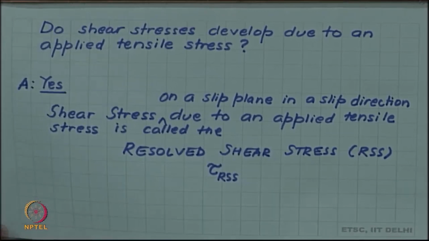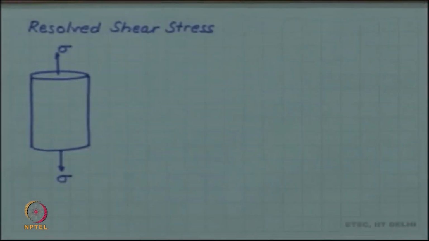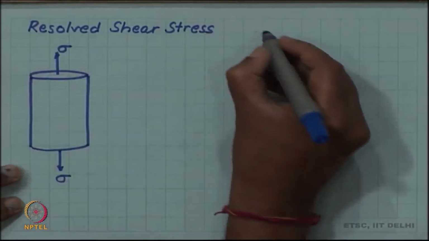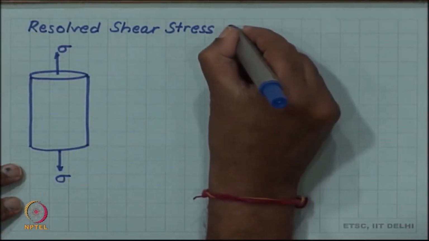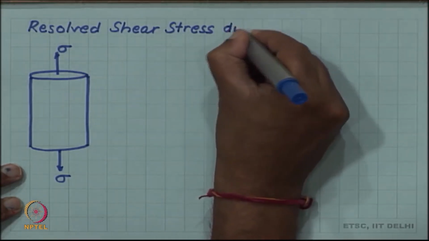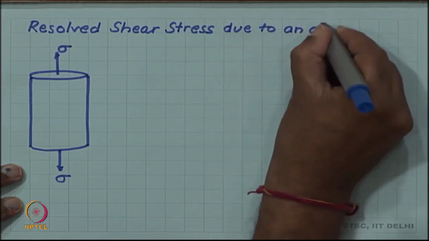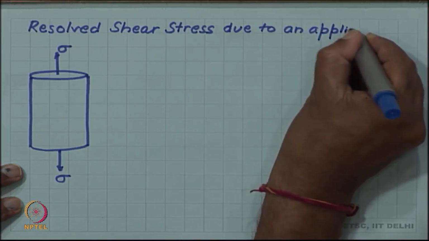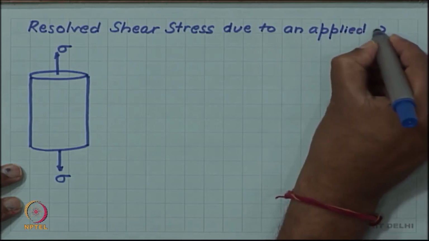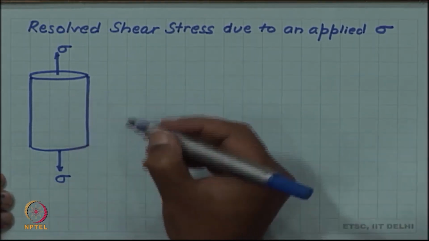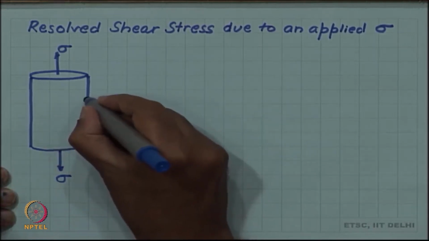Let us now try to find, for a given applied tensile stress, how much resolved shear stress will be generated. So, resolved shear stress due to an applied tensile stress sigma as shown here. For this, first we have to identify the slip plane. So, let us include a slip plane in this.